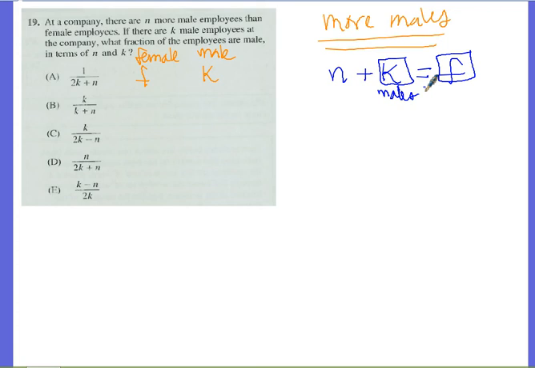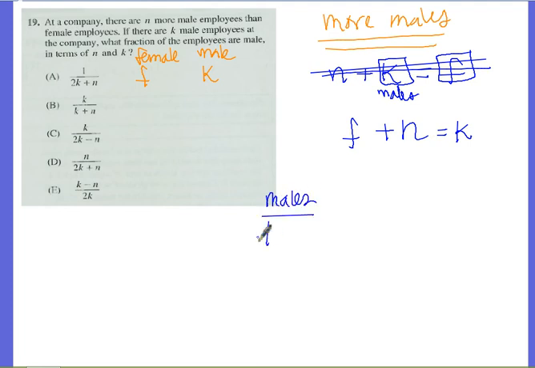Alright, so what we're going to do is write it correctly. So in the end, there should be more males, and males are K. If you take the females and add N to it, that'll get you how many males you have, because there's more males. That's why we add the N to the female. Then it says what fraction of the employees are male. So fraction means I want the number of males on top over the total.